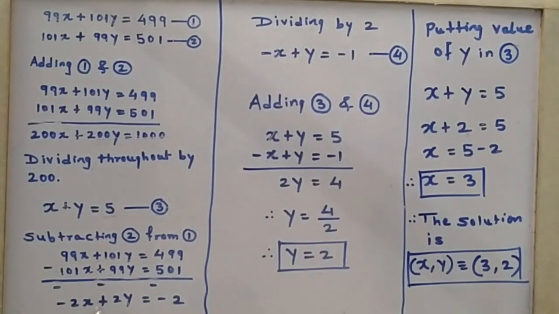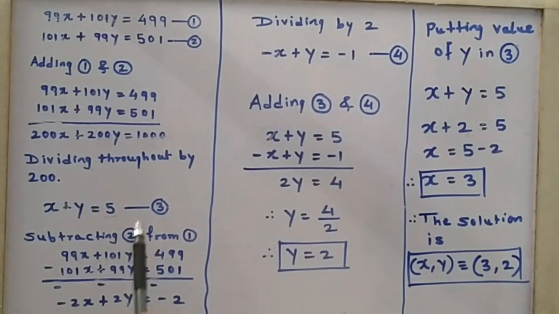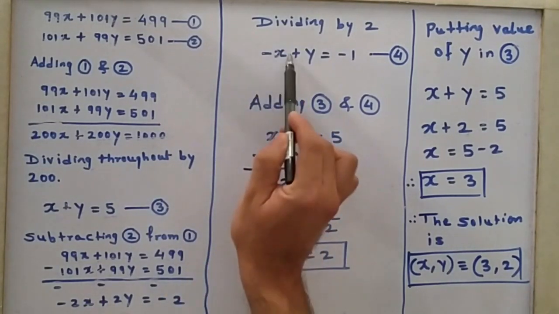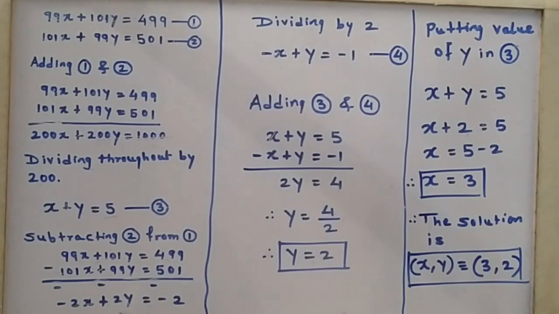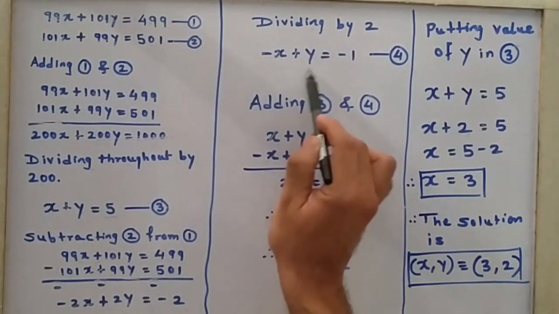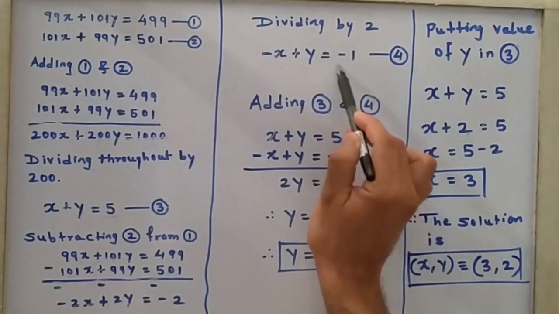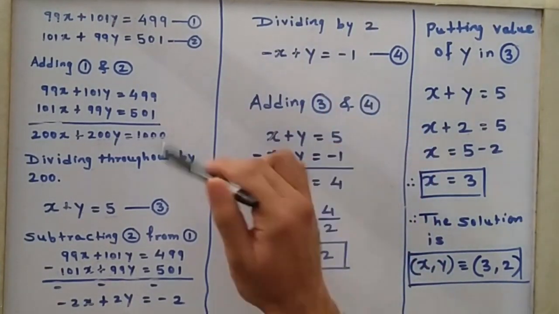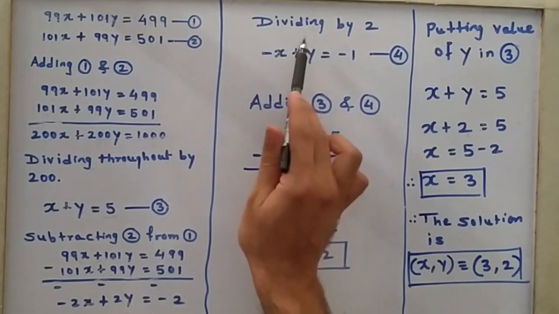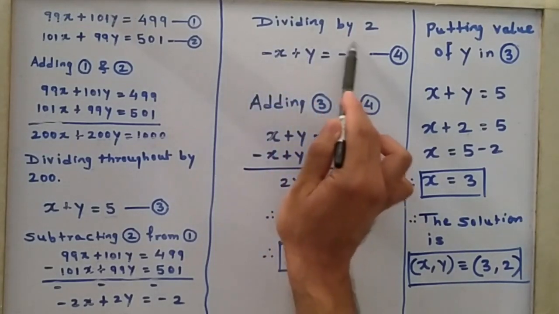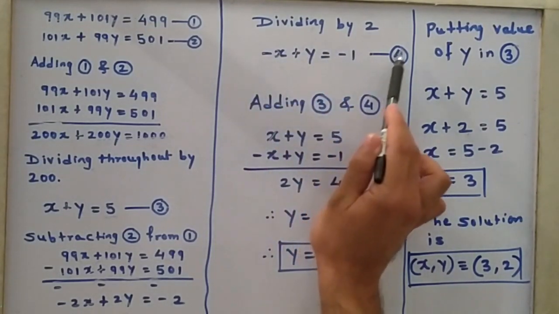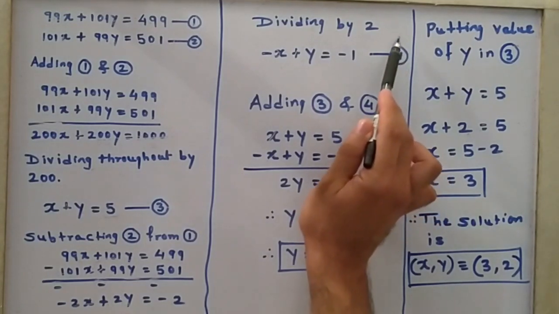Now 2 is there on both the sides, so if we divide this by 2, we'll get minus x plus y is equal to minus 1. We'll name this as equation number 4.